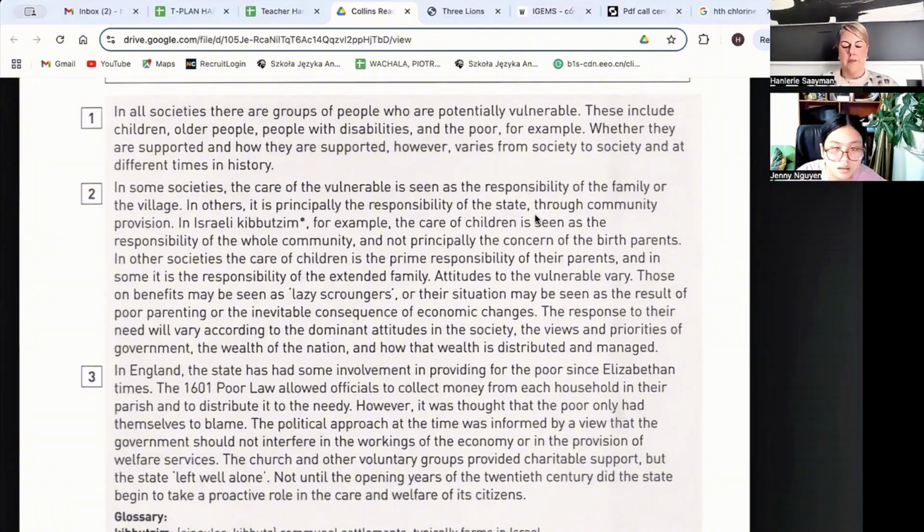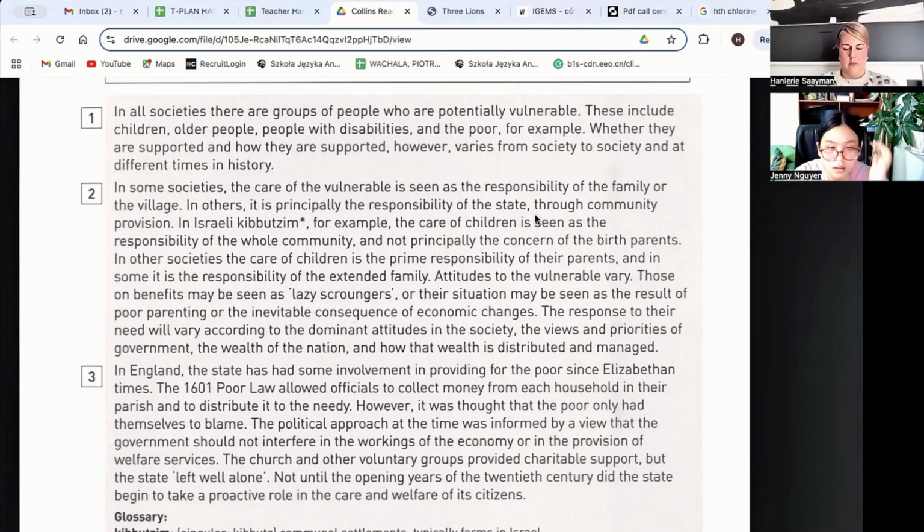In our society, there are groups of people who are potentially vulnerable. These include children, older people, people with disabilities, and the poor. Whether they are supported and how they are supported, however, varies from society to society and at different times in history. In some societies, the care of the vulnerable is seen as a responsibility of the family or village.